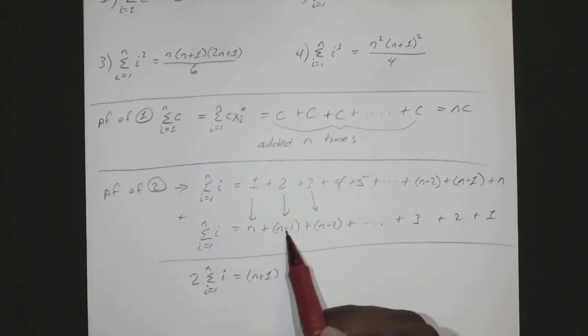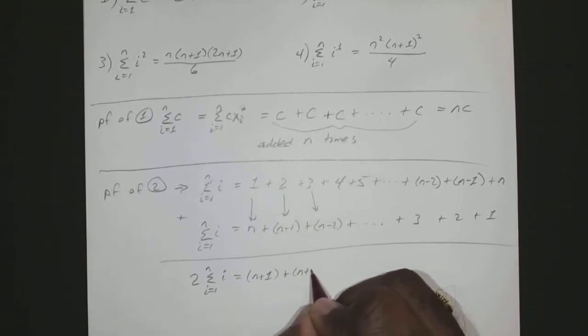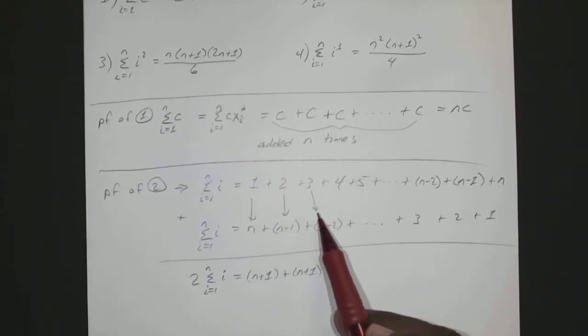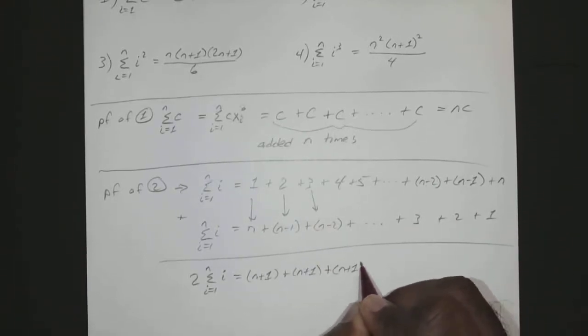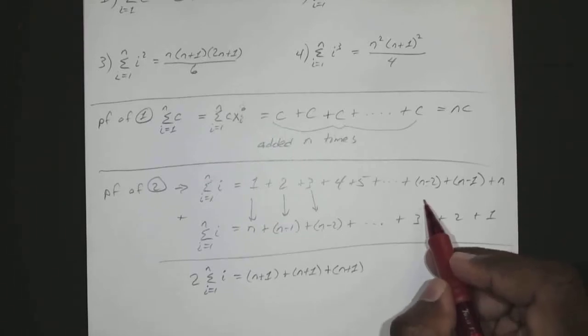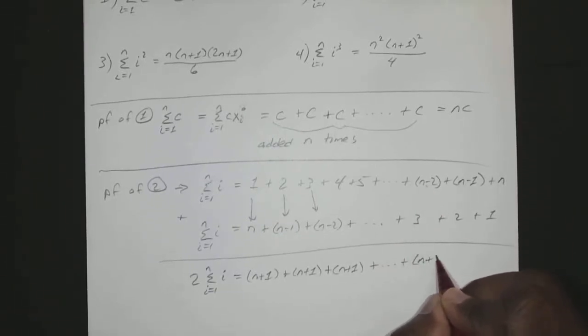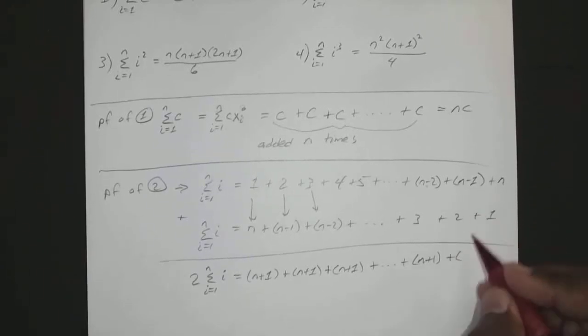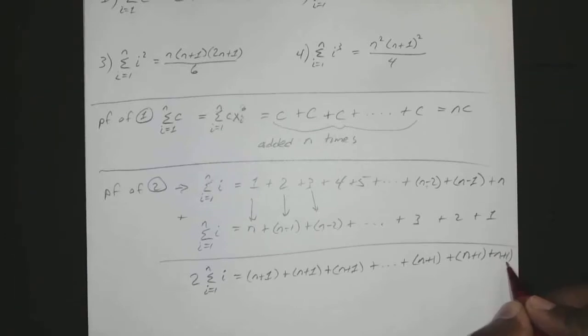And here, n minus 1 plus 2 is n plus 1. Here, n minus 2 plus 3 is n plus 1. And it's going to repeat like that all the way down. And then that's n plus 1, and that will be n plus 1. So here we have n plus 1 n times.